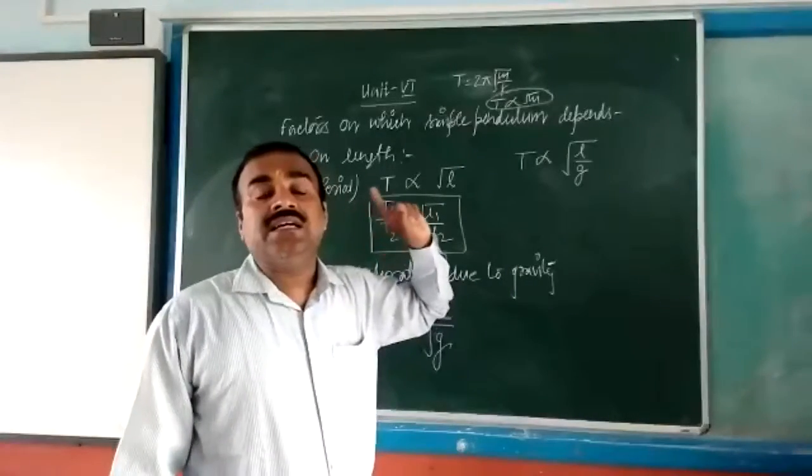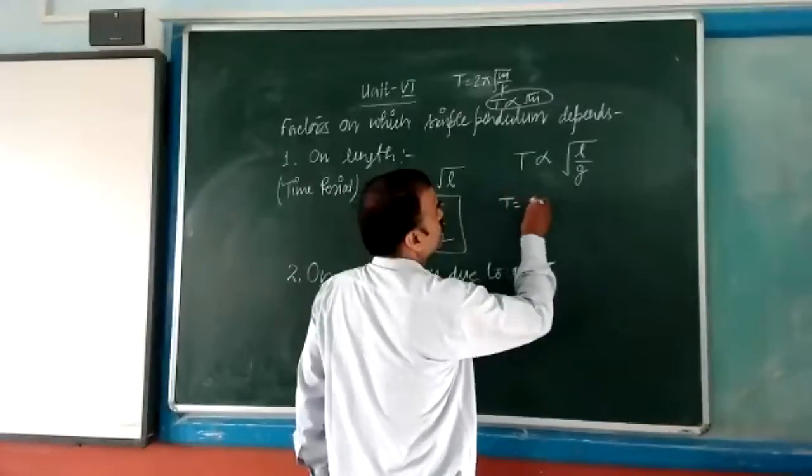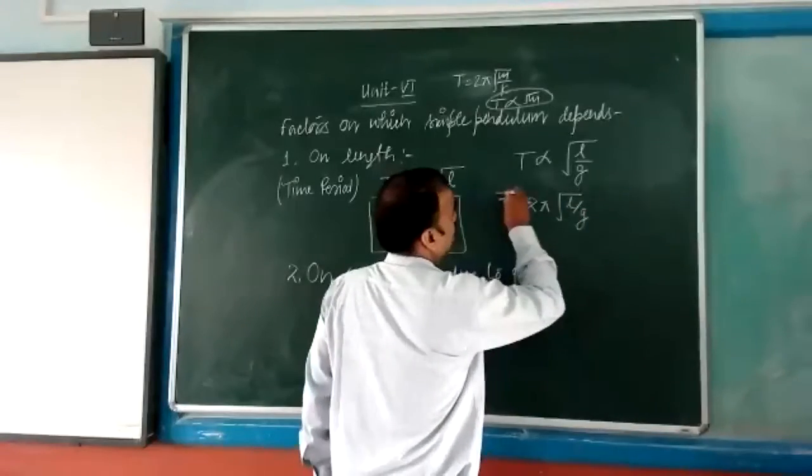Now after that, see in your book it is given T equal to 2 pi under root L by G. It is given like that.